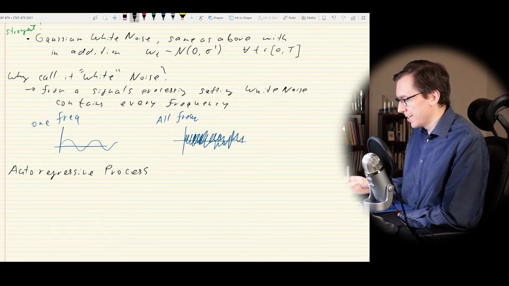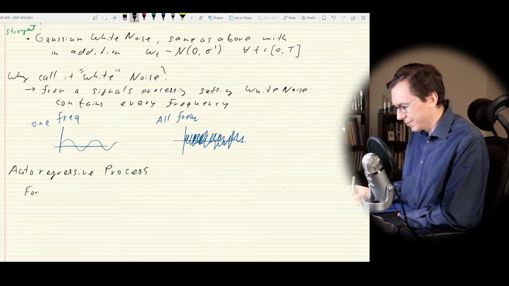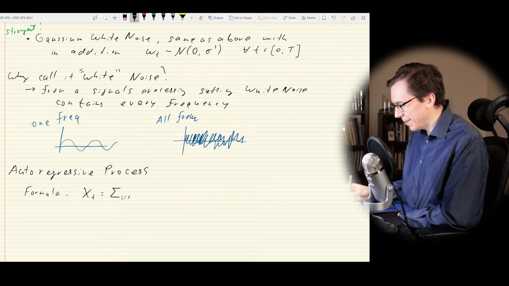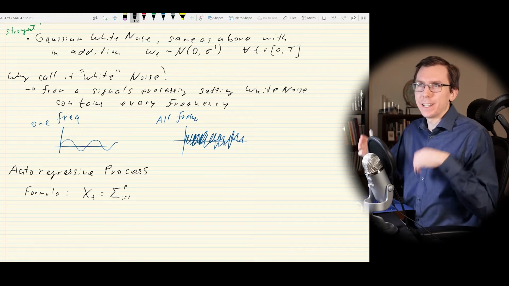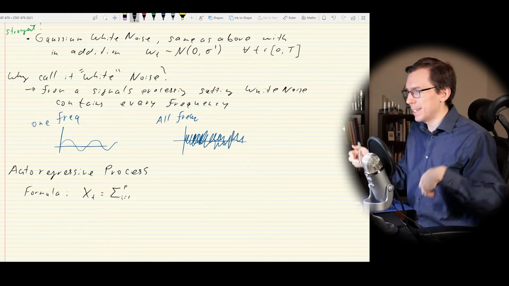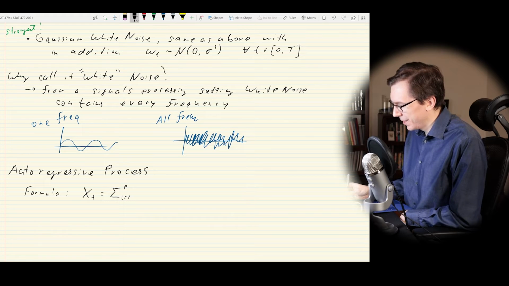mathematically. So the general formula is going to look something like x_t equals the sum of i from 1 to p of theta_i x_{t-i}, plus w_t. This goes back p time steps into the past of x_t.